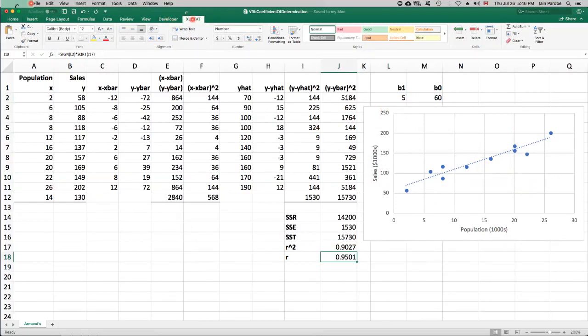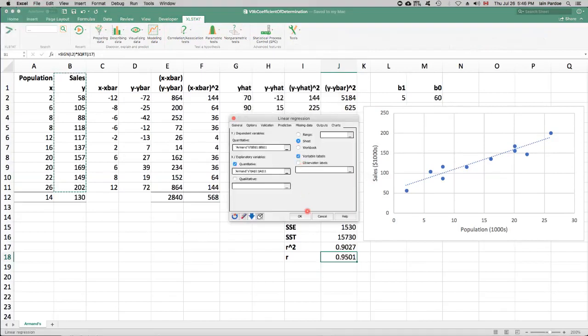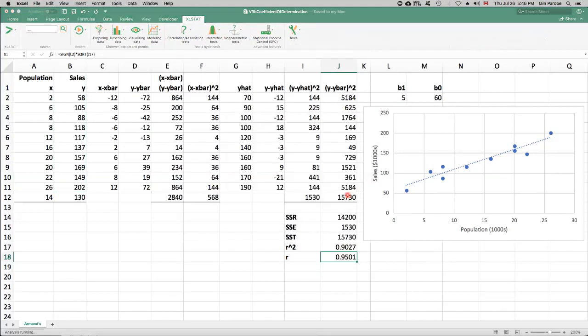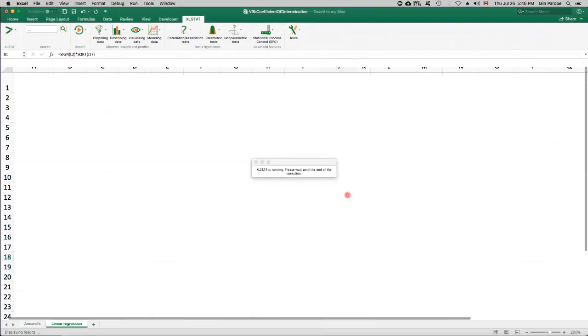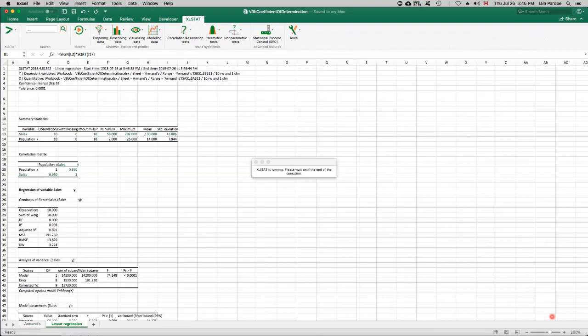Okay, so let's see if we can find where r squared is on the Excel stat output. So I'll just fit the model again using Excel stat. And let's okay that. We'll see if we can find where r squared is on the output.